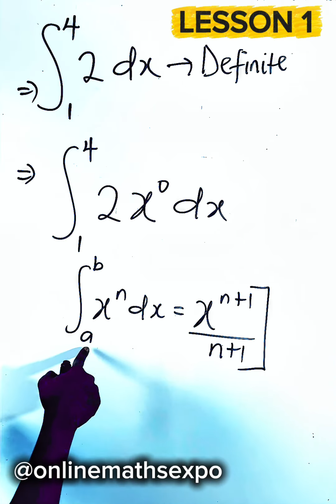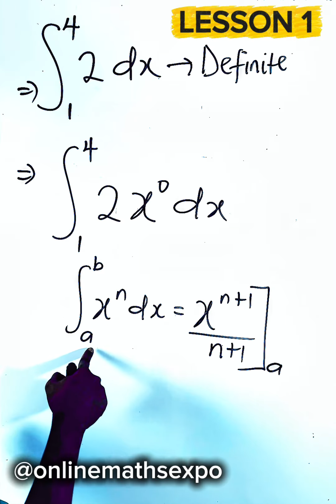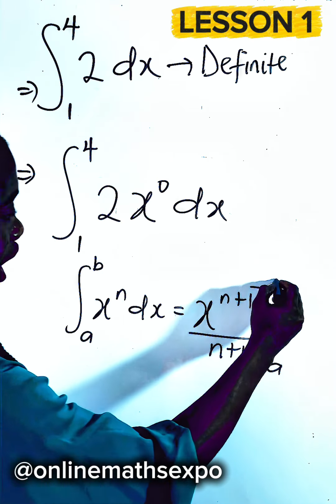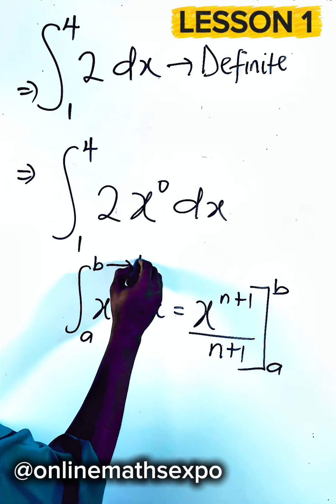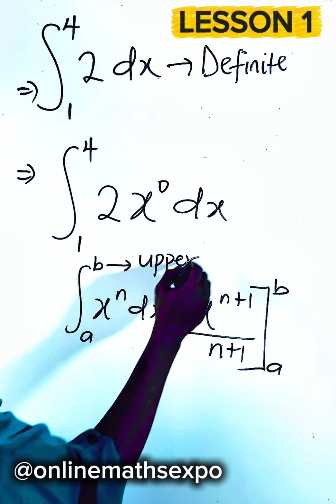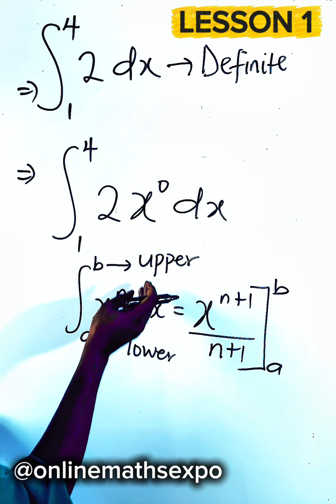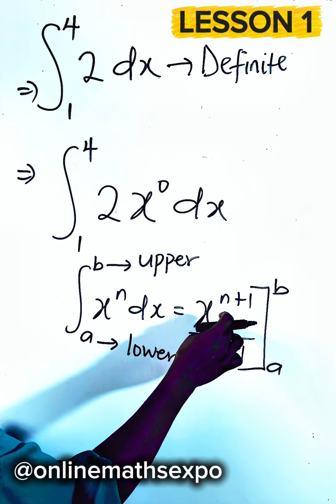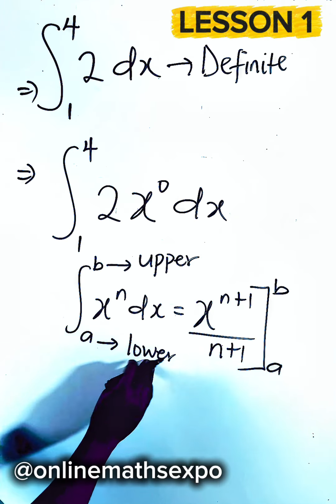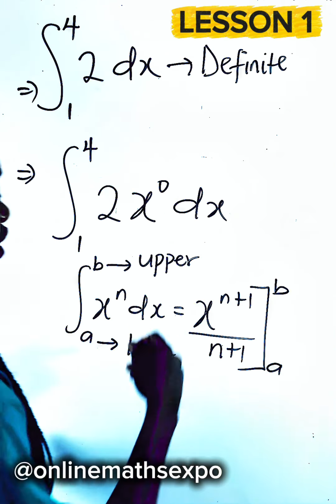Then we are going to substitute from a to b. And remember, we call this the upper limit or the upper value, and this the lower. We put in this value in here: you do upper minus the lower. So let's do that together.